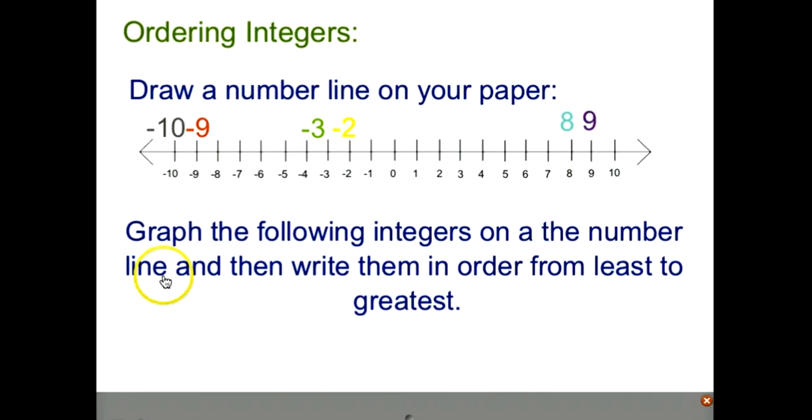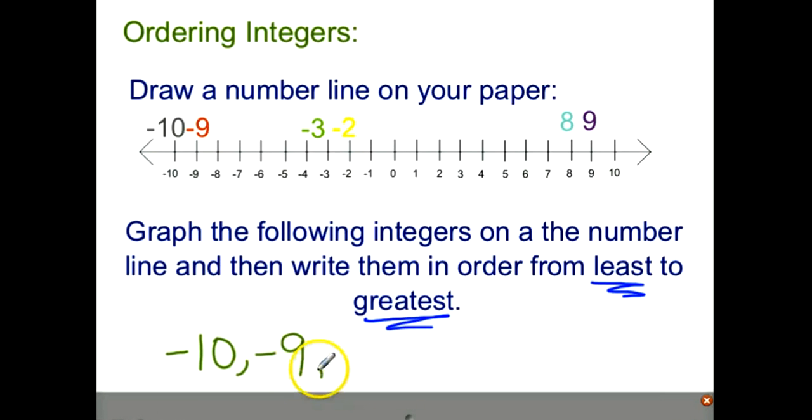Then I'm going to write them in numerical order from least to greatest. So from least, on the left-hand side, I have -10, then -9, then -3, -2, 8, and then 9.